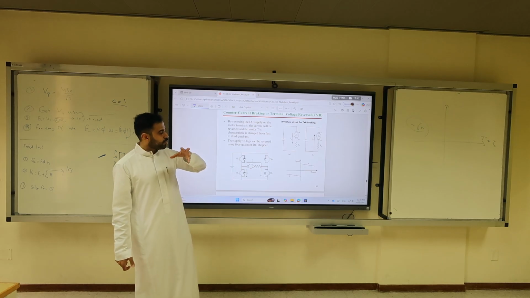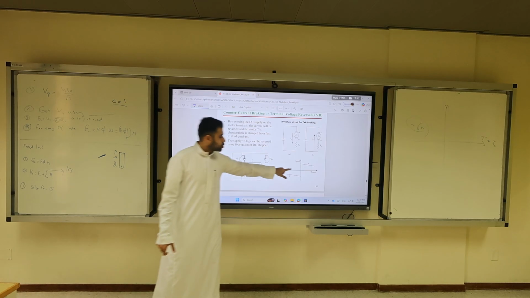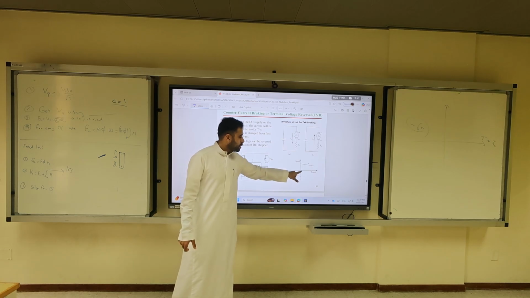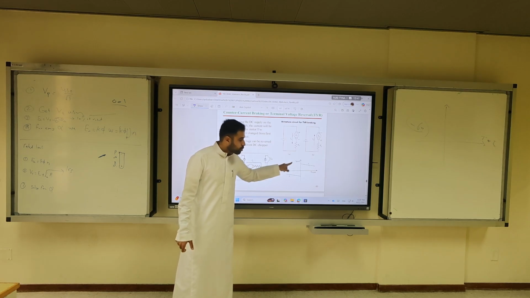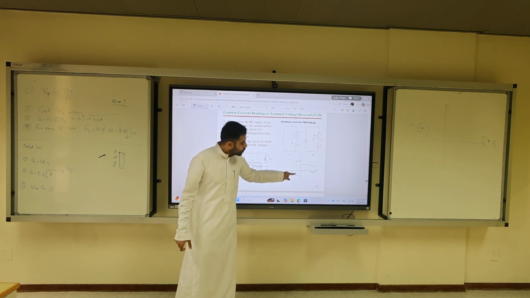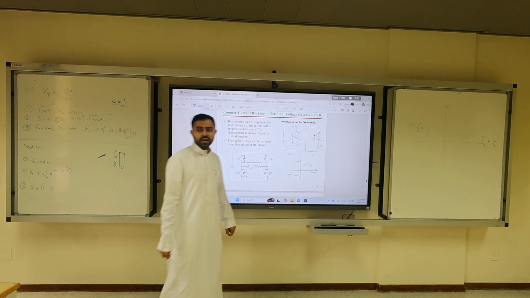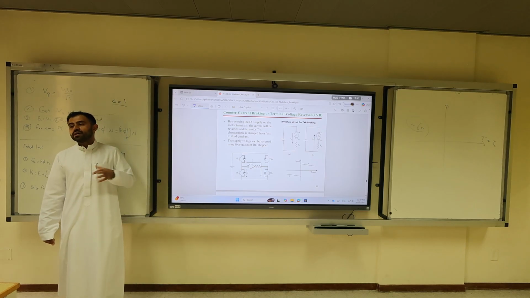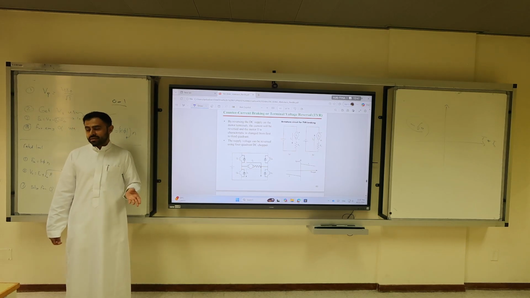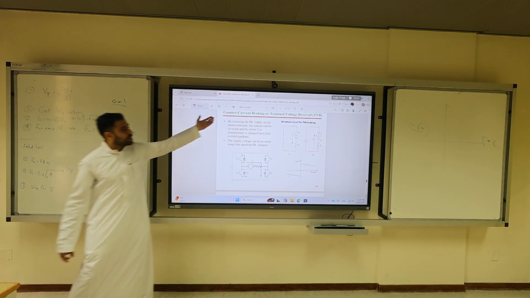We move from quadrant 1 to quadrant 3. But can you move without going through quadrant 2? You always have to go through quadrant 2 in order to go to quadrant 3, and to go back to quadrant 1, you have to go through quadrant 4. That's why regenerative braking is always present if there is any braking event, including the counter current braking.